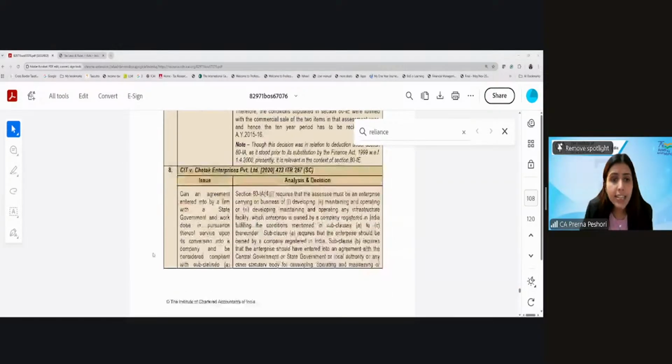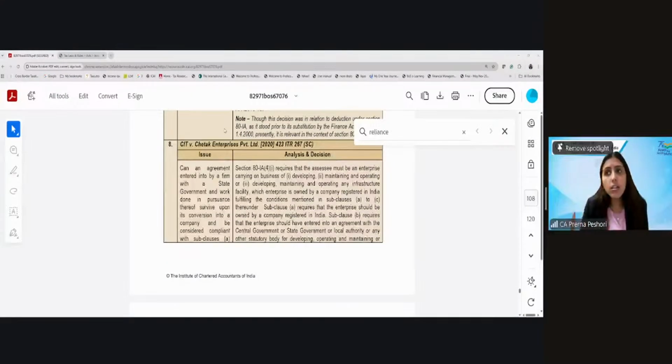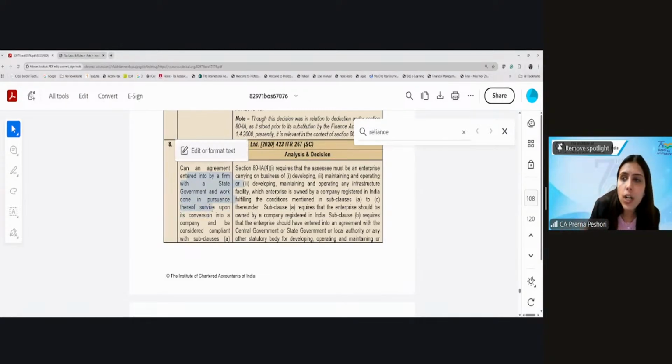The next case is in relation to this 80IA deduction only. What it says is that for the purpose of claiming 80IA, the company should have an agreement with the government. Now, can an agreement entered into by a firm with a state government and work done in pursuance thereof survive upon its conversion into a company?